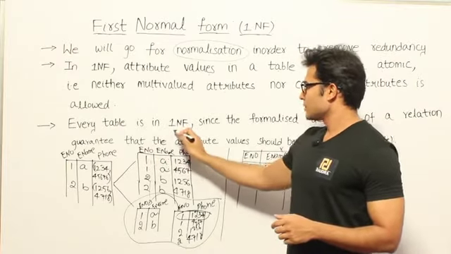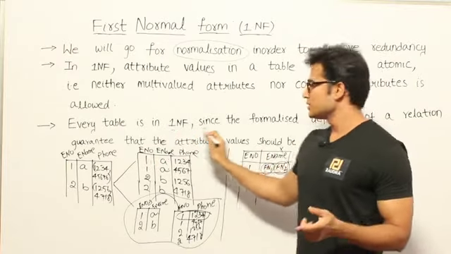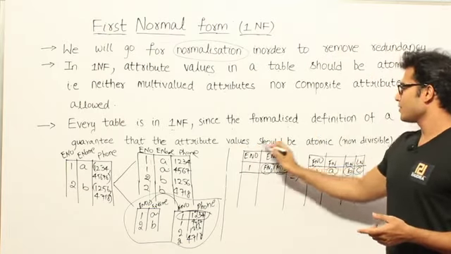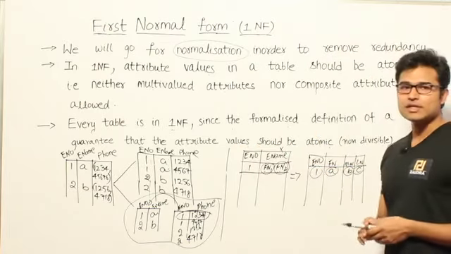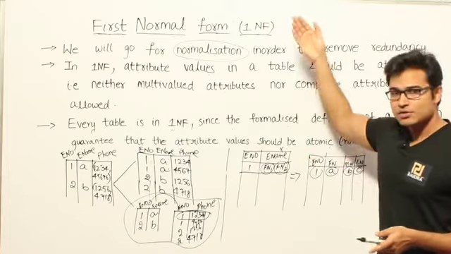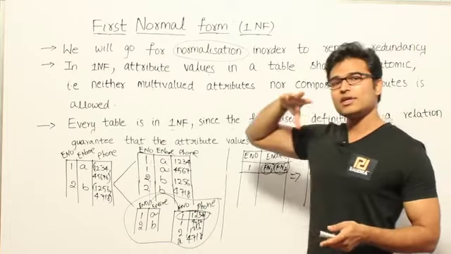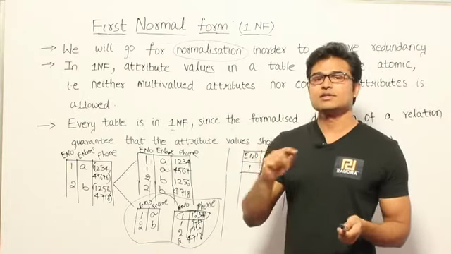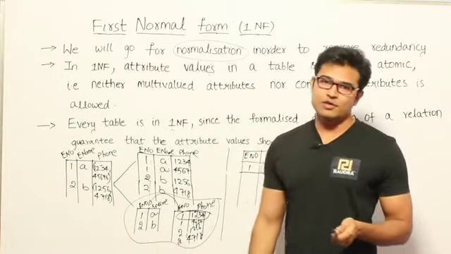Now every table is in first normal form, since the formalized definition of the relation guarantees that the attribute values should be atomic. So in general, the definition of a relation itself says that a relation is a cross product of sets, and each set is going to contain atomic values.